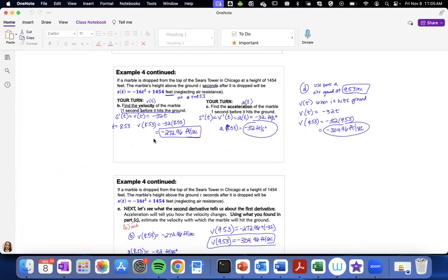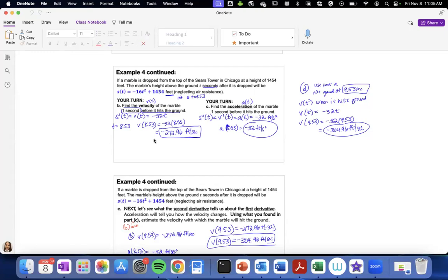The only reason I made you do this, and I'm not really going to make you do this again, I don't think, is so that you know that the acceleration the second before is telling you, hey, if you find the velocity for one more second, it's going to be 32 feet per second faster.